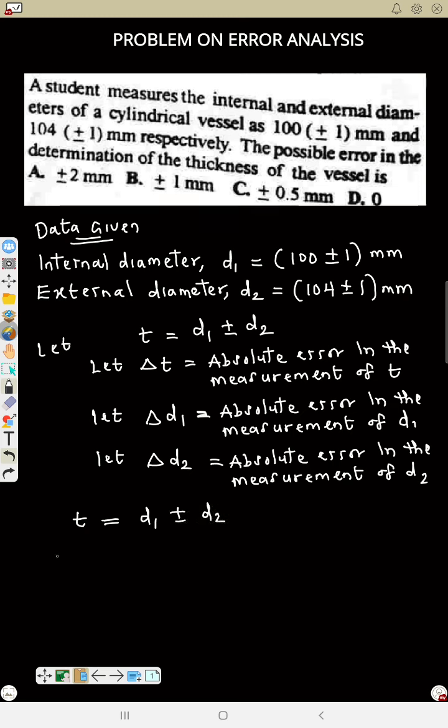Then we have T plus absolute error in measurement of T will be equals to D1 plus absolute error in the measurement of D1, then plus or minus D2 plus absolute error in the measurement of D2.